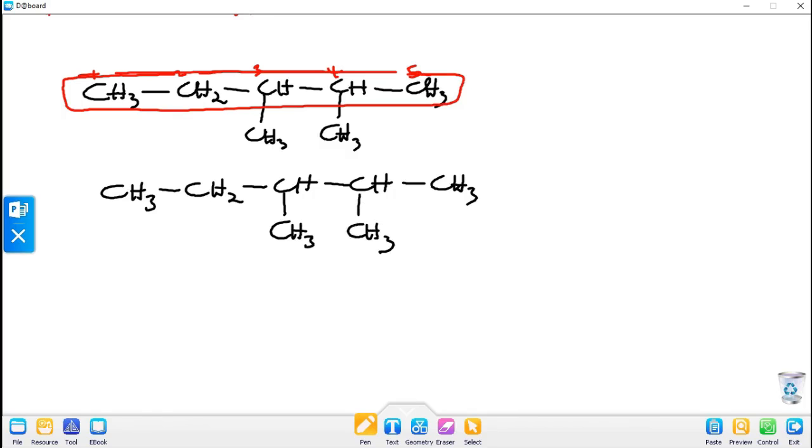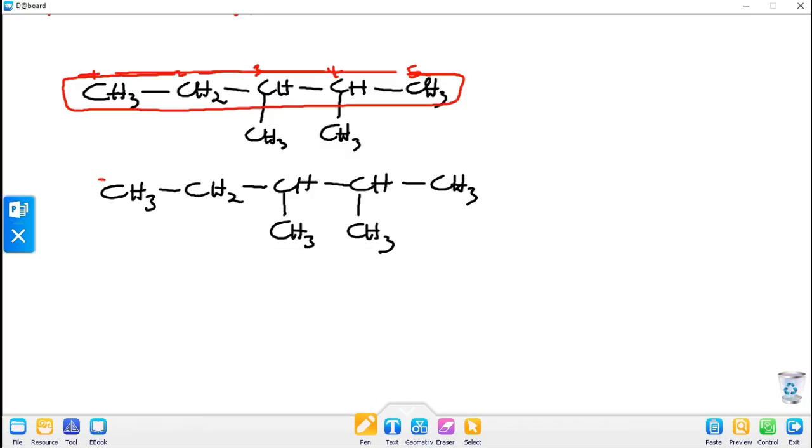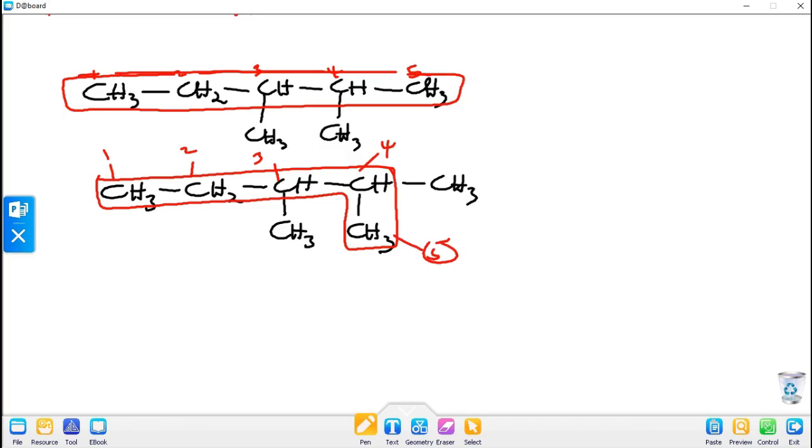If a student chooses to take his or her mapping this way, this way, and that way, the counting is also 1, 2, 3, 4, and 5. So whichever way you choose to take your counting, you should be very, very mindful.